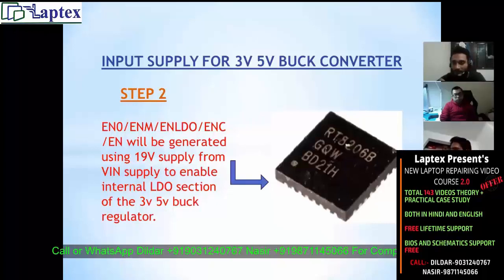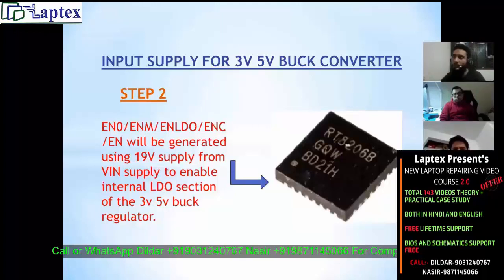CS is also a name used for this enable input. These enable inputs can be directly from the 19 volt section. The 19 volt supply coming from V in will go directly to the enable point. In some cases a voltage divider is used, and then an enable signal goes to the supply. So there could be different architectures, and we'll see all those architectures.